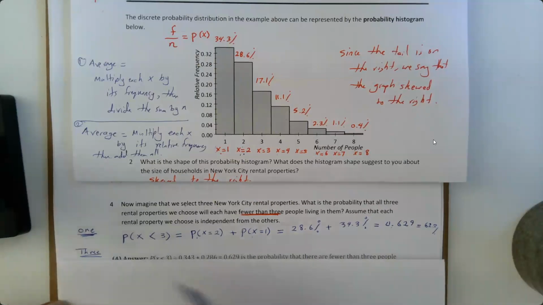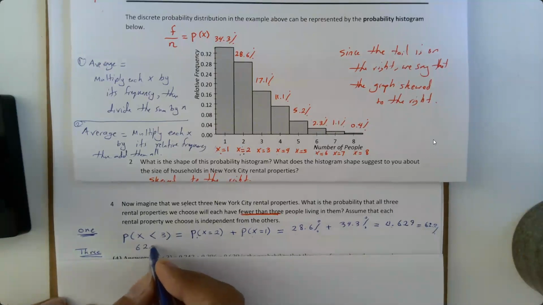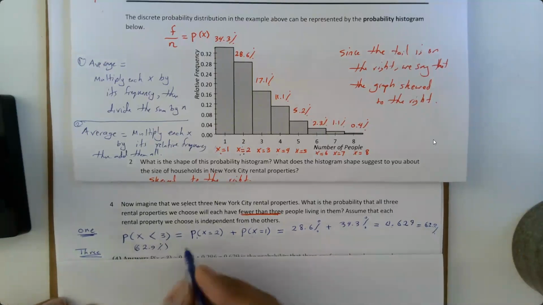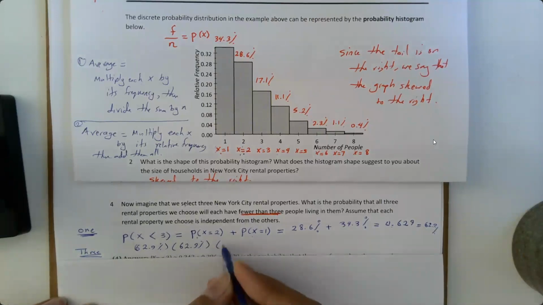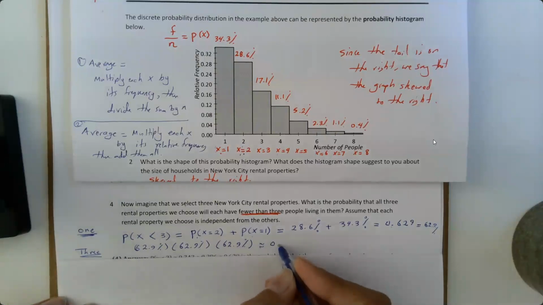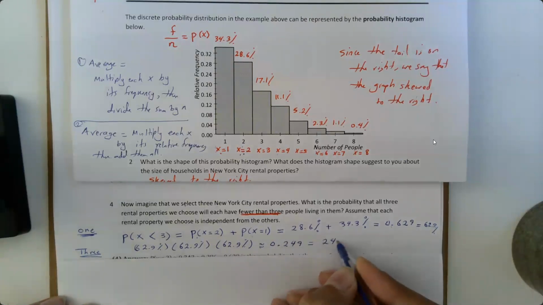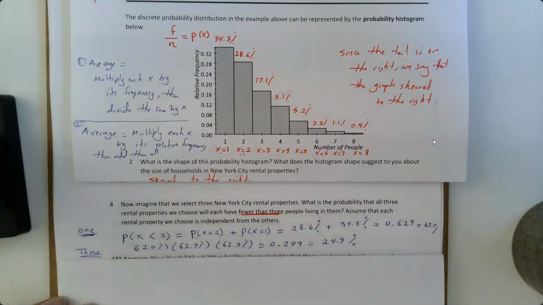You're going to just multiply these percentages together: 62.9% times 62.9% times 62.9%, which approximately gives us 0.249, which is 24.9%.